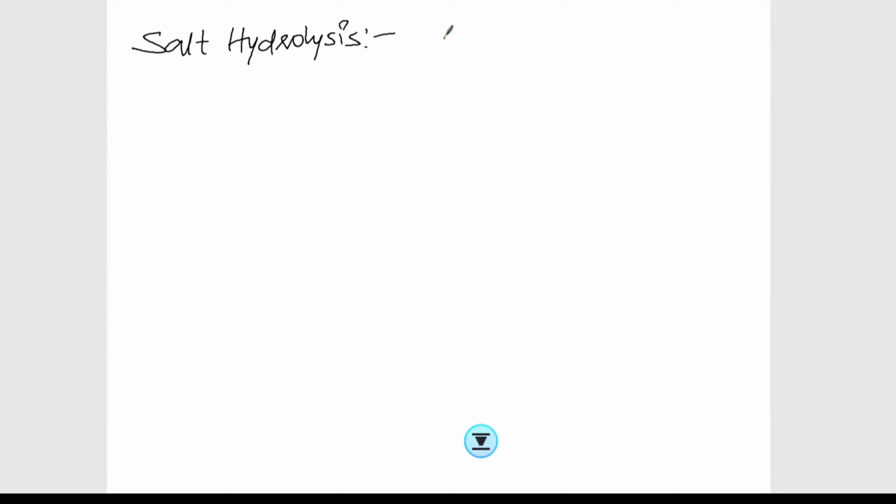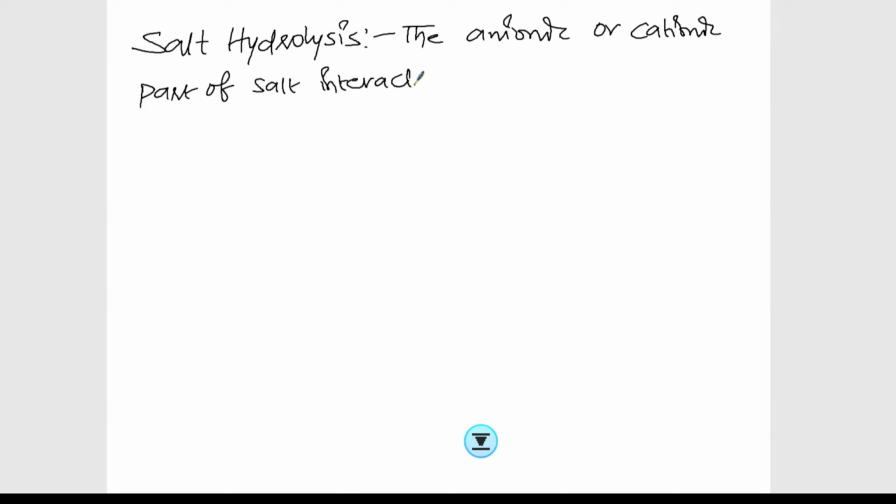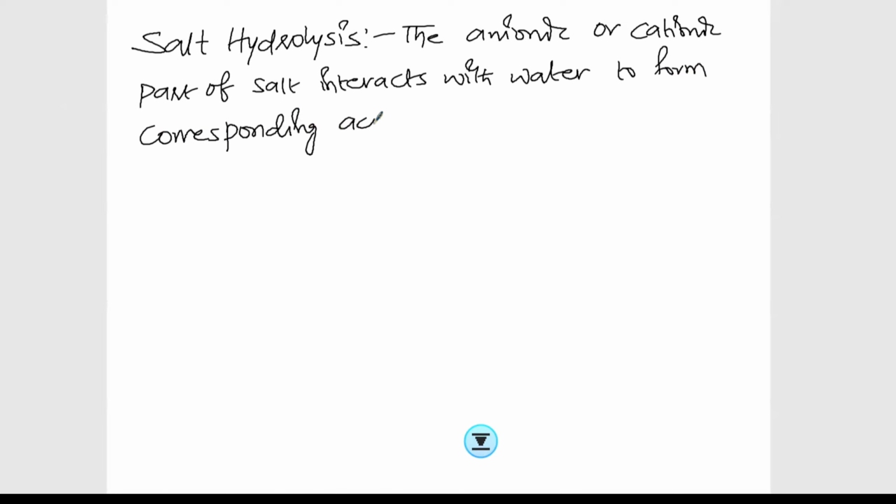So the actual definition of salt hydrolysis is that the anionic or cationic part of a salt interacts with water to form the corresponding acids or bases, acid or base.